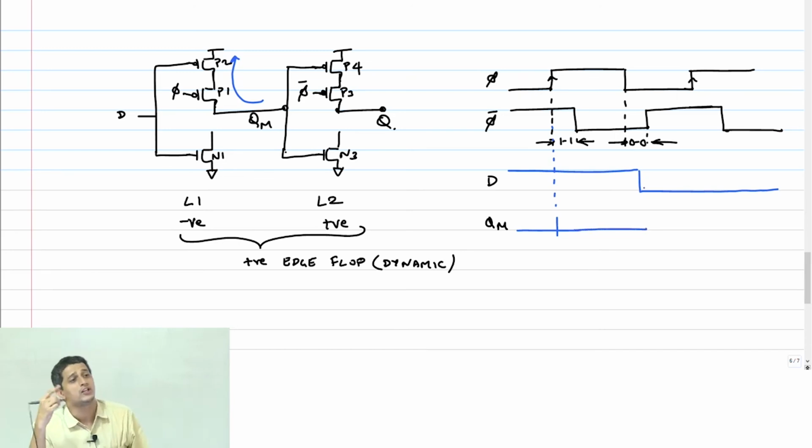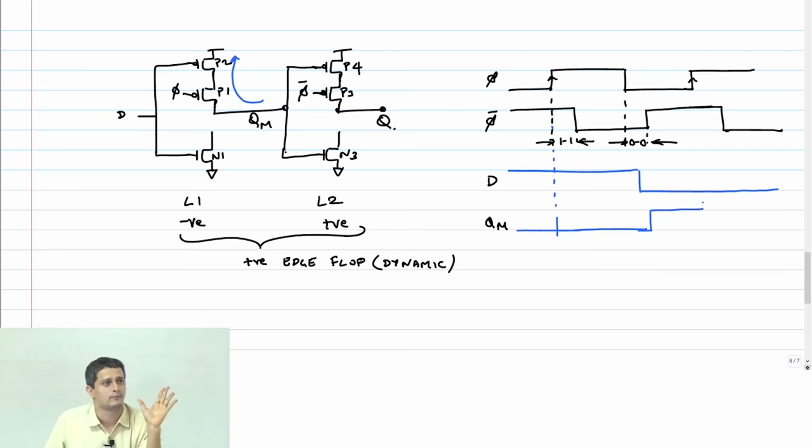But now D has switched, and it's going to pull QM all the way up, with some delay. Correct? I will not go all the way to the edge. Let me draw it till here. So the change has now percolated to QM. Question now is, can it go further from there?